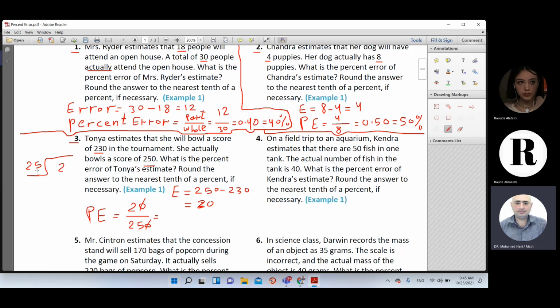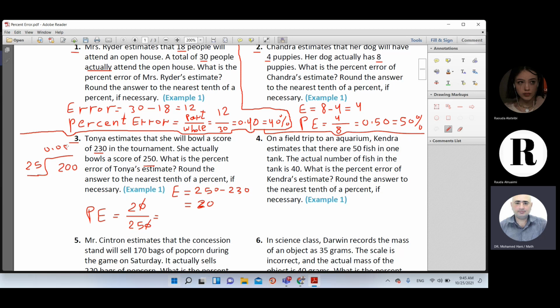2 is less than 25, so put here 0 point, then put here 0. Then 20 is also less than 25, so we put here 0 and put here 0. Now we have 200 divided by 25. 8 times 25 will be 200.